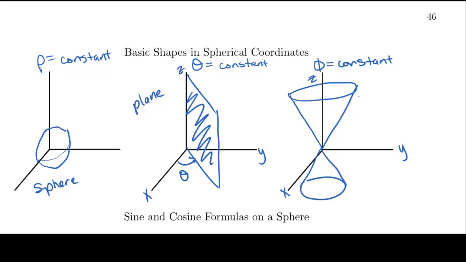And the top cone, so again, this would be our phi here, or here. Top cone, if you have one up top, then you know that your angle was between 0 and pi over 2. And if you're down here in this lower part, then you're between pi over 2 and pi.